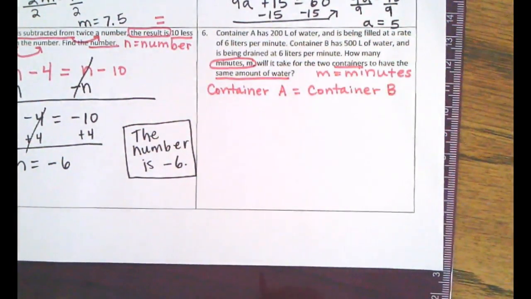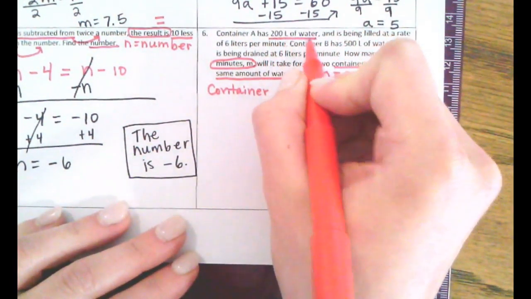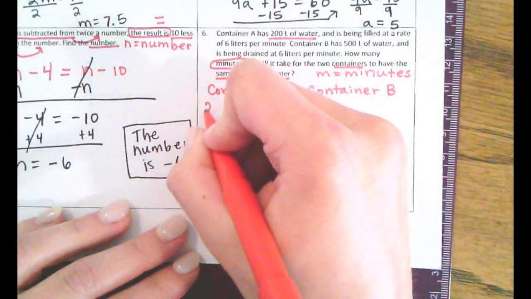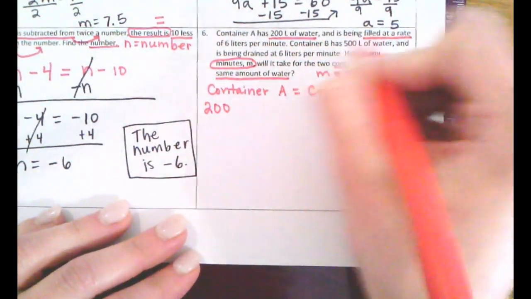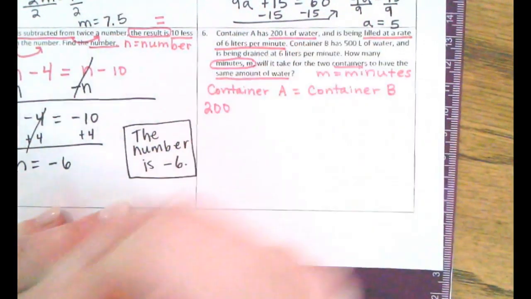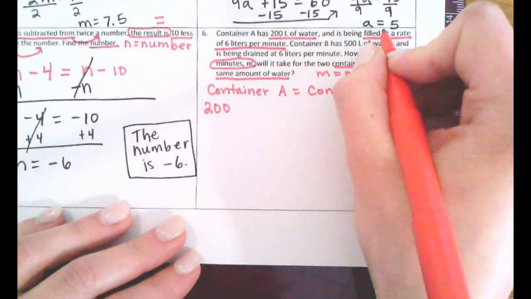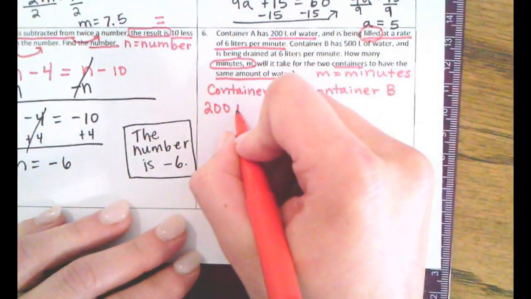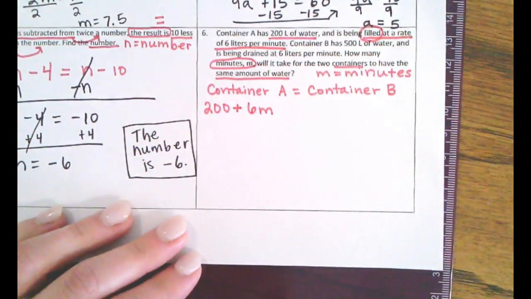And this is how we'll solve the problem. Container A starts with 200 liters of water. And it's being filled at a rate of 6 liters per minute. Well, I know M stands for minutes, and we are being filled, so I'm going to add 6 liters per minute.